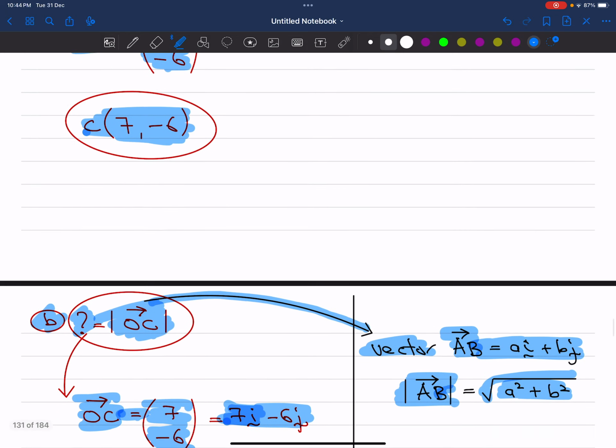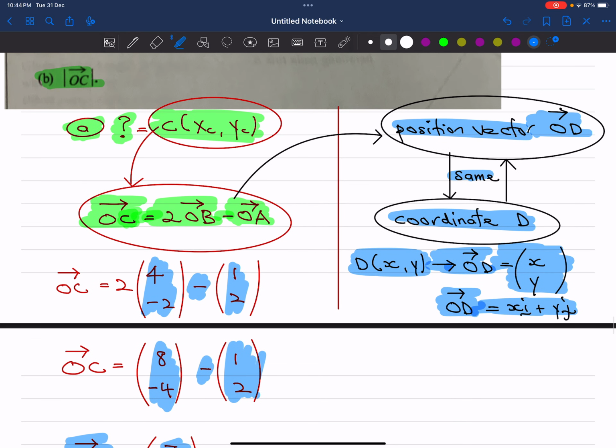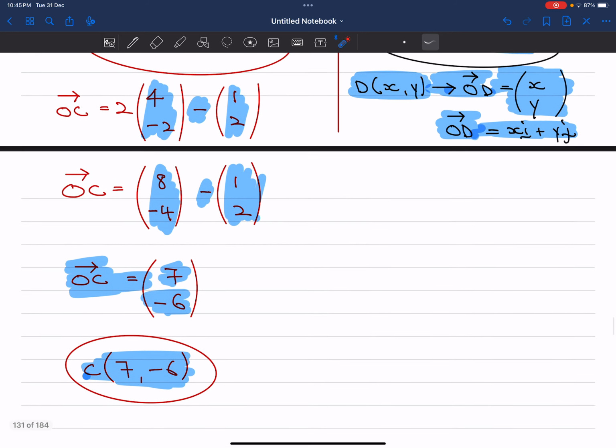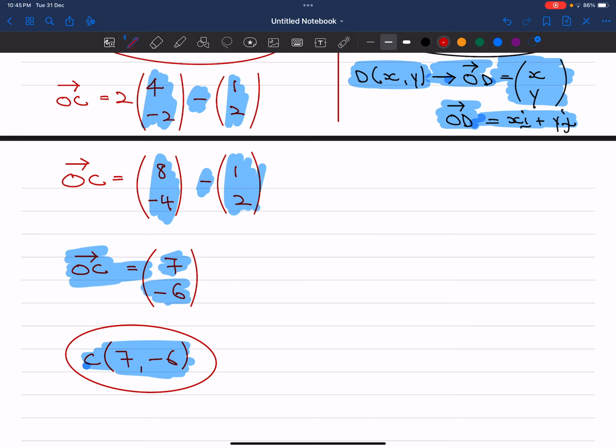Now before I leave, I'd like to remind you that a position vector OD will give you the coordinate D. Reverse, from the coordinate D, I can get the position vector. Now let me give you one simple example. If I have the position vector OE, 2i plus 3j, or I can write in column (2, 3), so the coordinate E would be (2, 3).